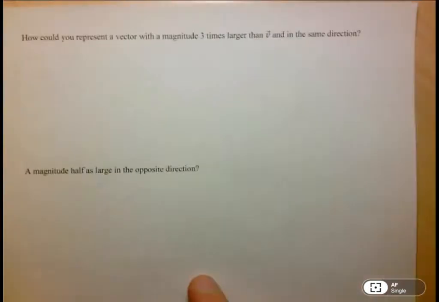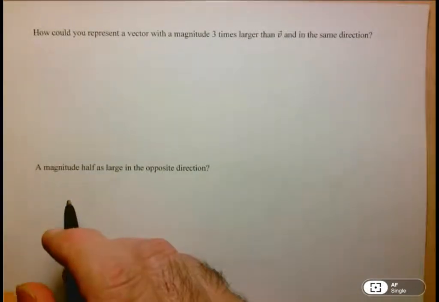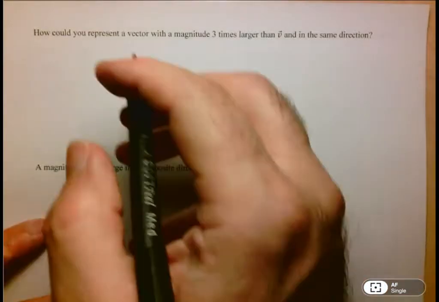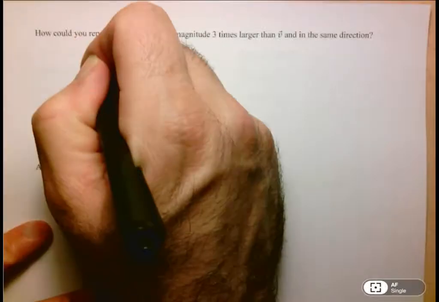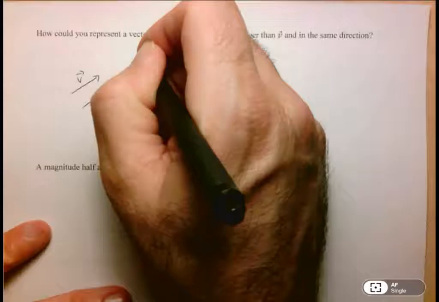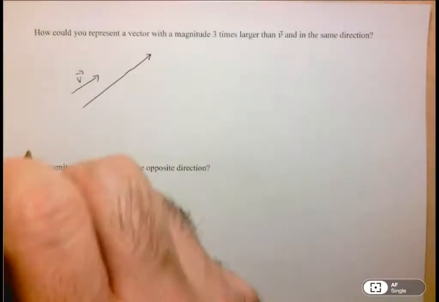Okay, so we're going to start talking about this idea of operating on vectors. Let's try to go a little quicker here. It says here, how would you represent a vector with a magnitude 3 times larger than a vector v and in the same direction? Let's draw it here. There's my vector v, and I need something that's 1, 2, 3 times larger in terms of magnitude, and in the same direction.